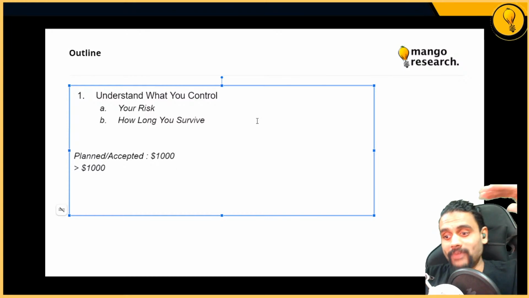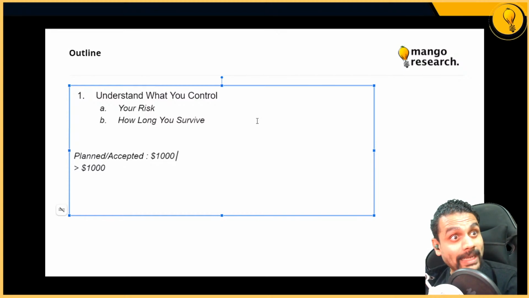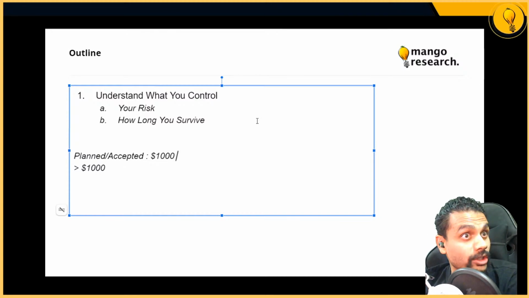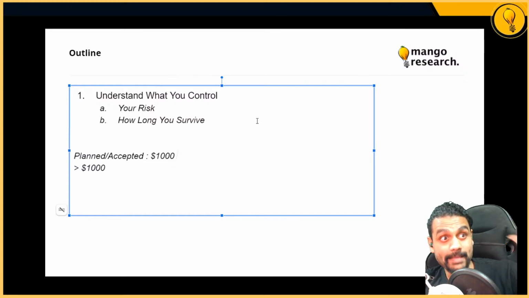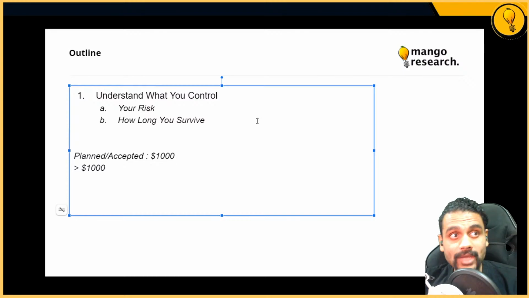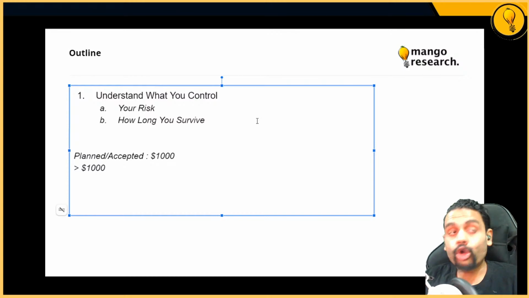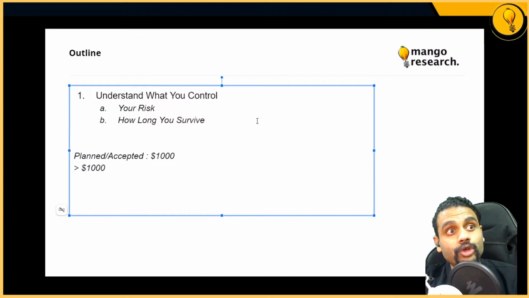You have said, if Bitcoin breaks underneath $40,000, I'm going to be getting out of my trade, and I will lose $1,000. Once you said that, you've accepted $1,000 as a potential loss. That is your risk limit. You need to start looking at that number, guys, as your cost of doing business. That is your cost to put on the trade to begin with.